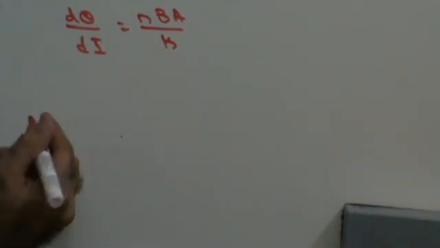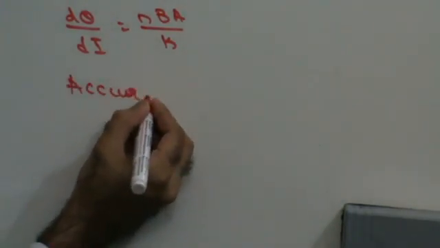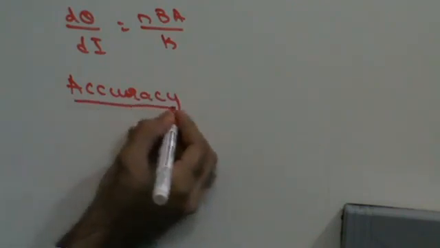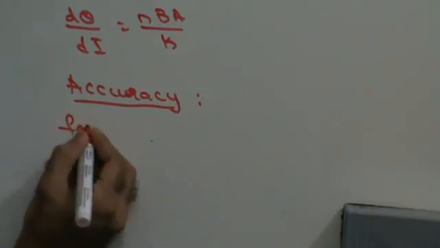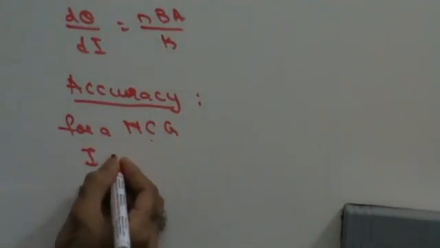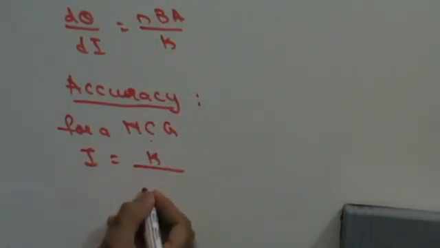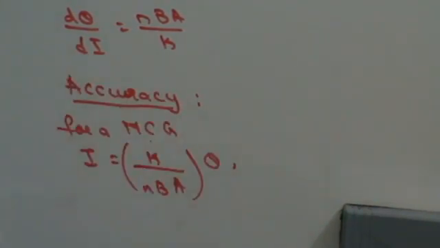Next, let's move on to accuracy. For a moving coil galvanometer, we have already derived the relationship that I is equal to K upon NBA into theta.